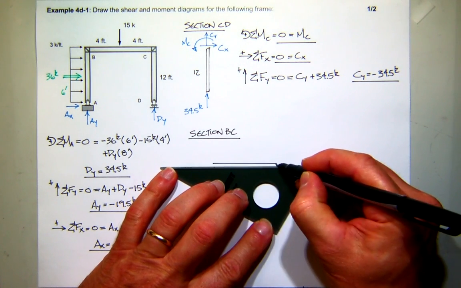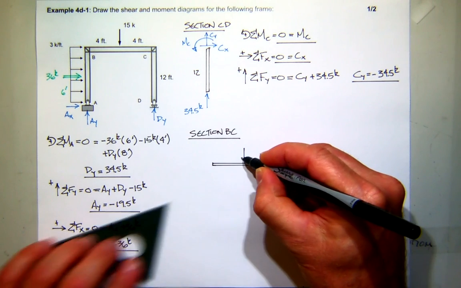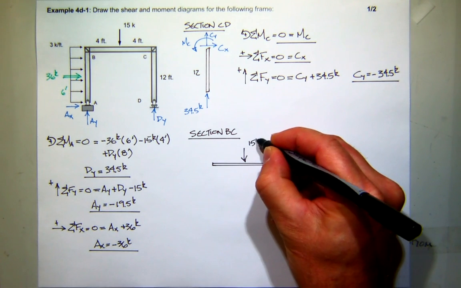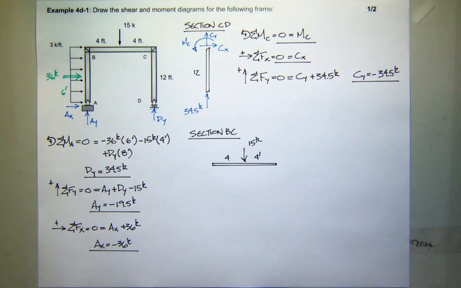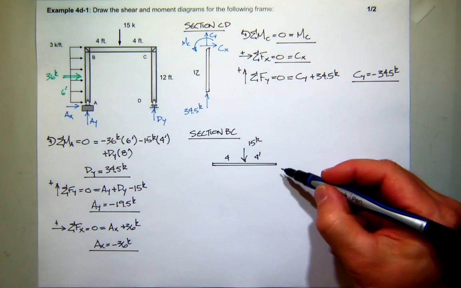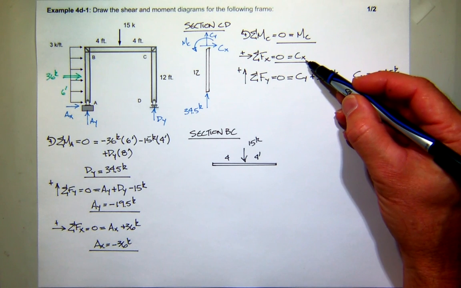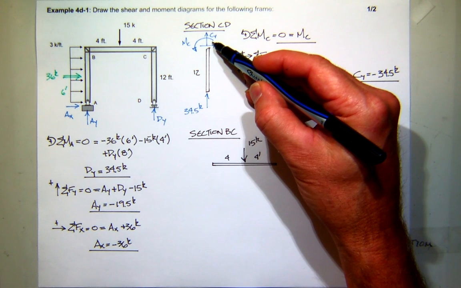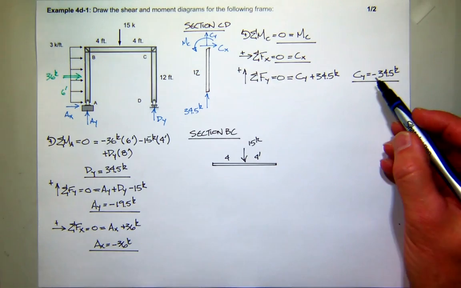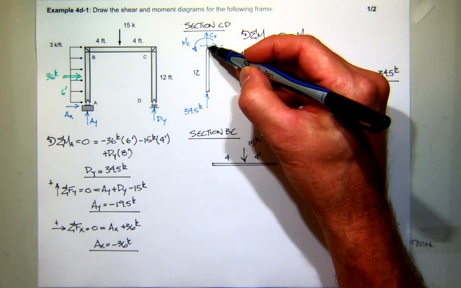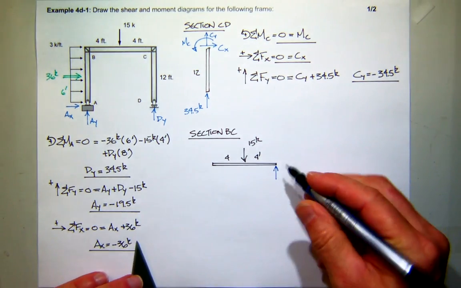So now I'm going to draw the free body diagram for BC. It has a 15 kip force right there in the middle, 4 feet, 4 feet. At C I have no moment, no X force, but I do have a Y force. In this case it was up here, but it's negative, so it's down here, so it's going to be up on this side.